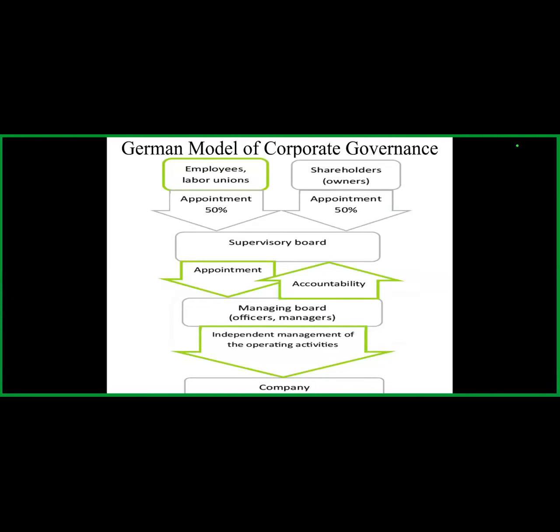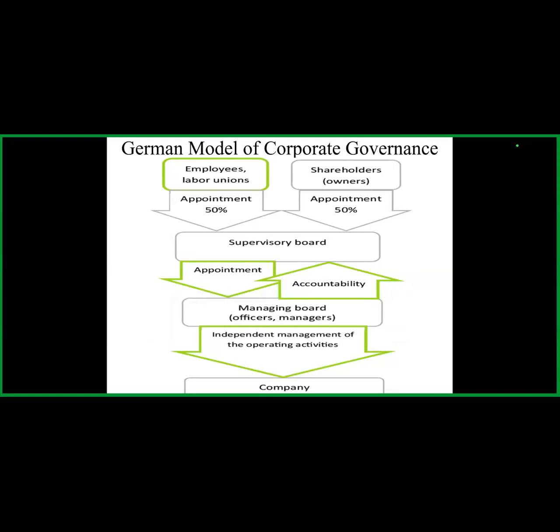But the rest is more or less the same, there are no drastic changes. But when we compare it with the German model of corporate governance, there are changes. There are more changes than in the previous one, and we will be discussing those.